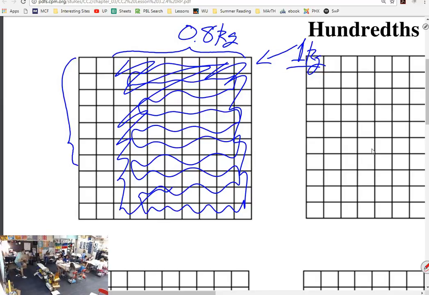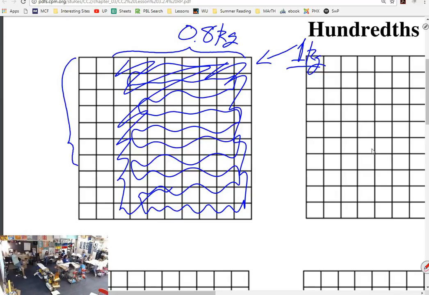So now, hold up. Give me your attention for just a second, because I got a question beyond the book. If I ask you what 1 square represents, what does 1 square represent? 100th. And in this situation, 100th of what? 100th of a kilogram, right?